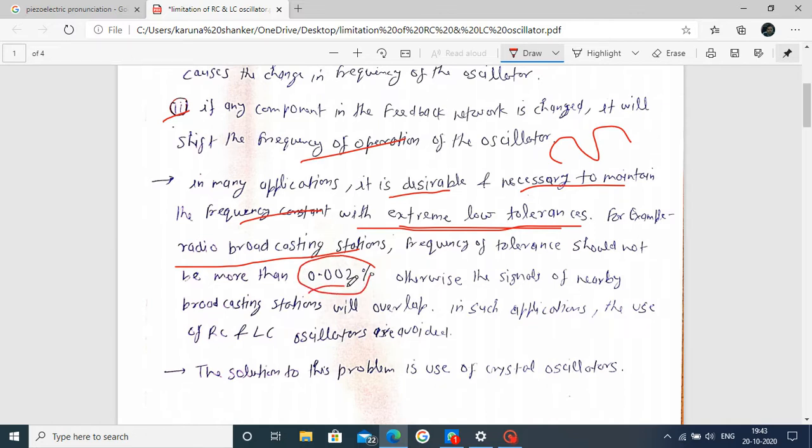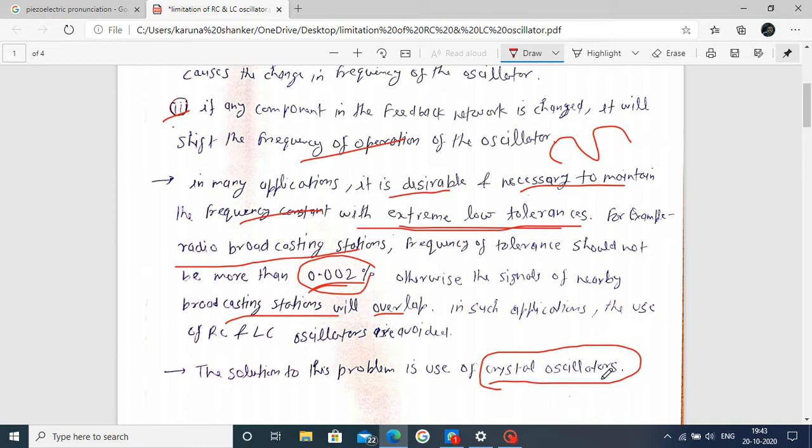If it is greater than this, the signals of nearby broadcasting stations will overlap. If the variation of frequency is more than this value, the nearby stations are also mixed up. That's why a stable frequency is very important, and that's why we need an oscillator such as the crystal oscillator, which produces a stable frequency.